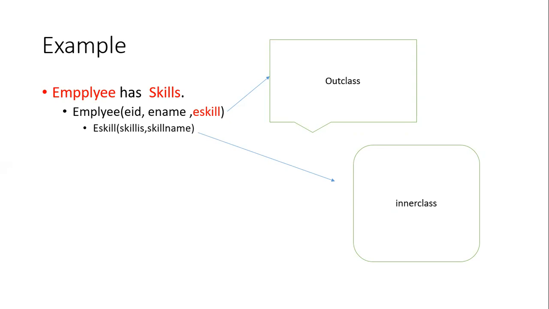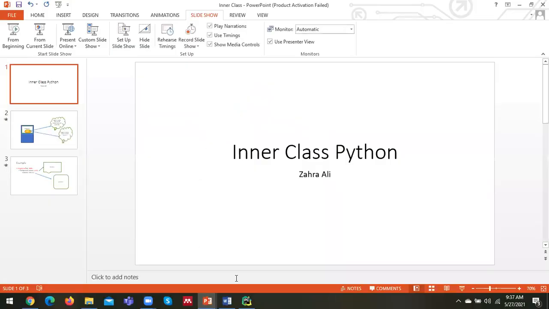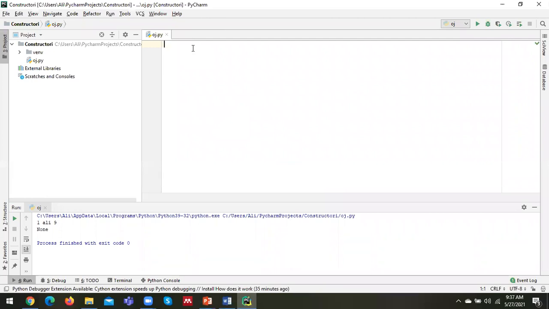Both are holding some attributes, and both could be defined like that, because skill is a class that is only associated with the class employee. So let's code it in Python. How can you define the outer and the inner class?